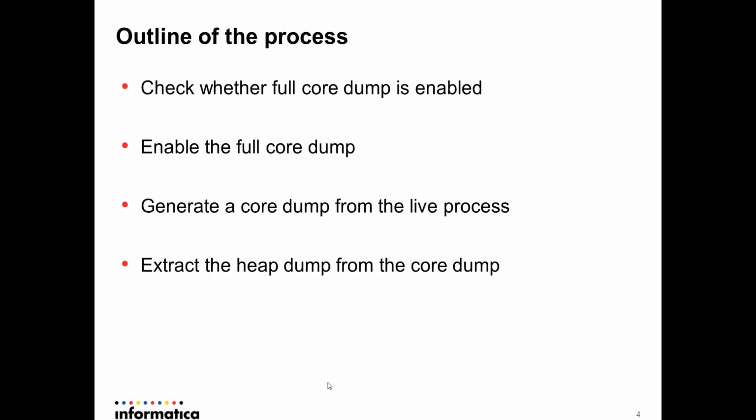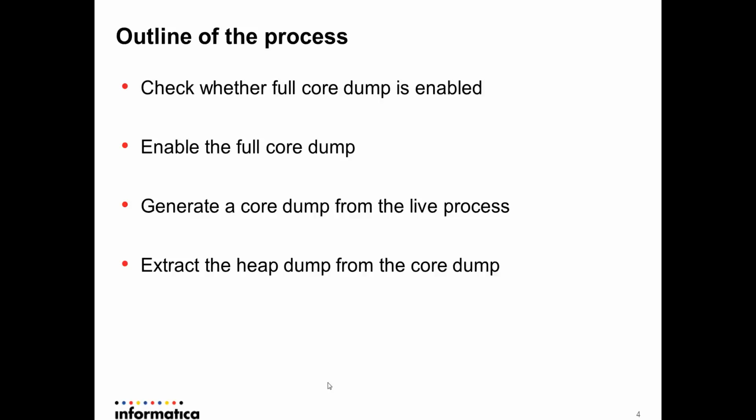So the process to collect a heap dump which contains the data inside the heap dump will be to generate a core dump from the live running process. And from the core dump, you would then extract the heap dump using a JExtract tool, which is distributed by IBM JVM.